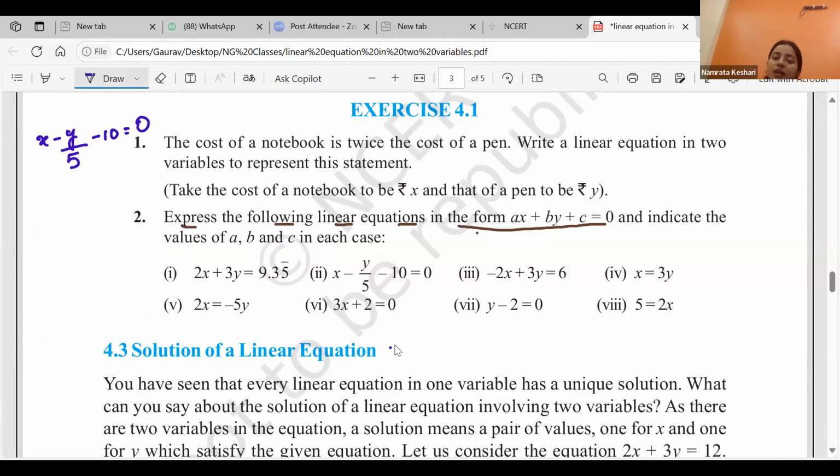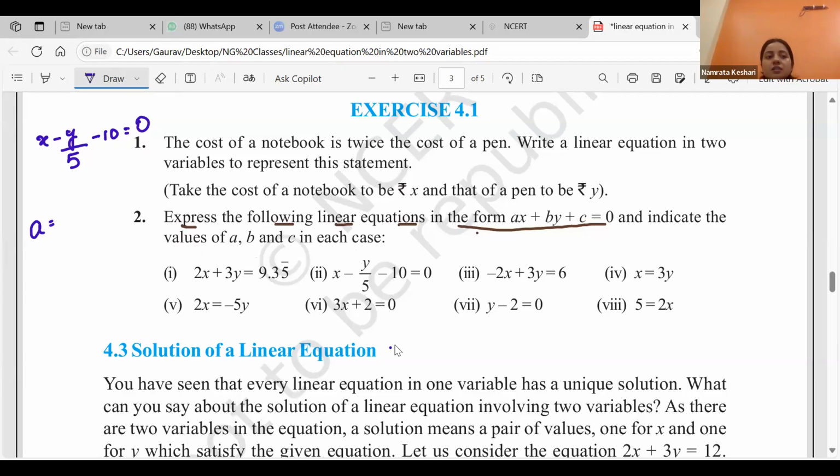Here also we have to express it in the form ax plus by plus c is equal to 0, then declare what a, b, c are. There are two ways to do it, and both ways are correct.